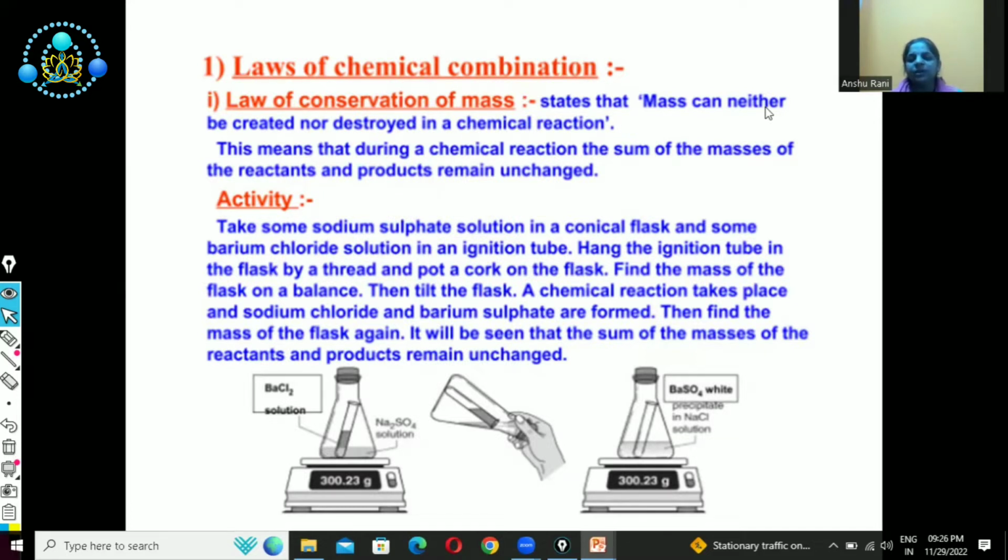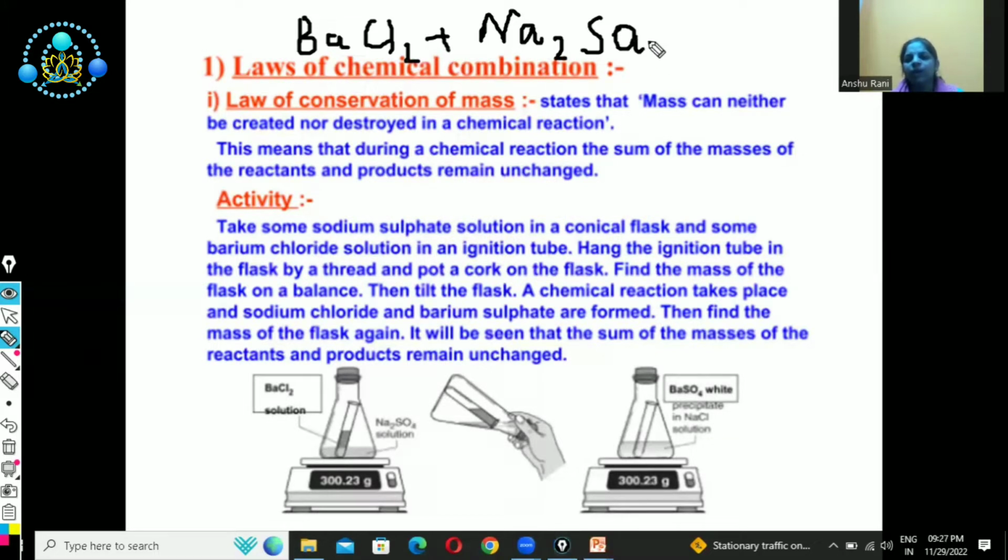To demonstrate this activity, here we are having a reaction of sodium sulfate with barium chloride. What we have to do, we are taking barium chloride and we are reacting it with sodium sulfate. This is an example of a double displacement reaction.